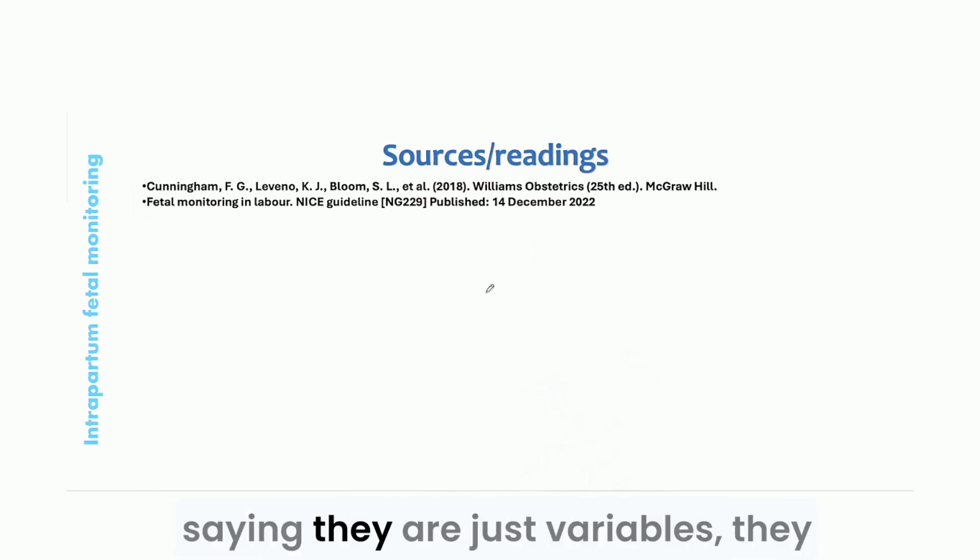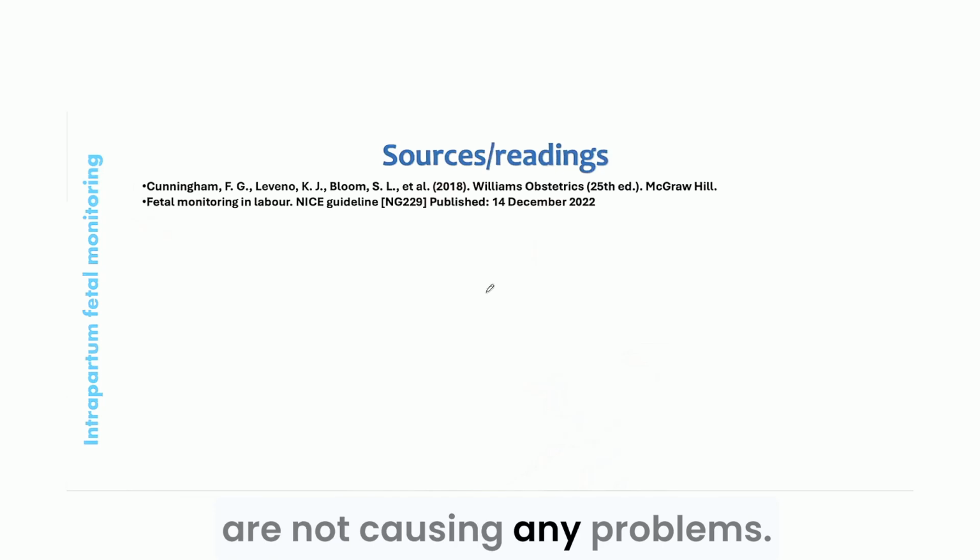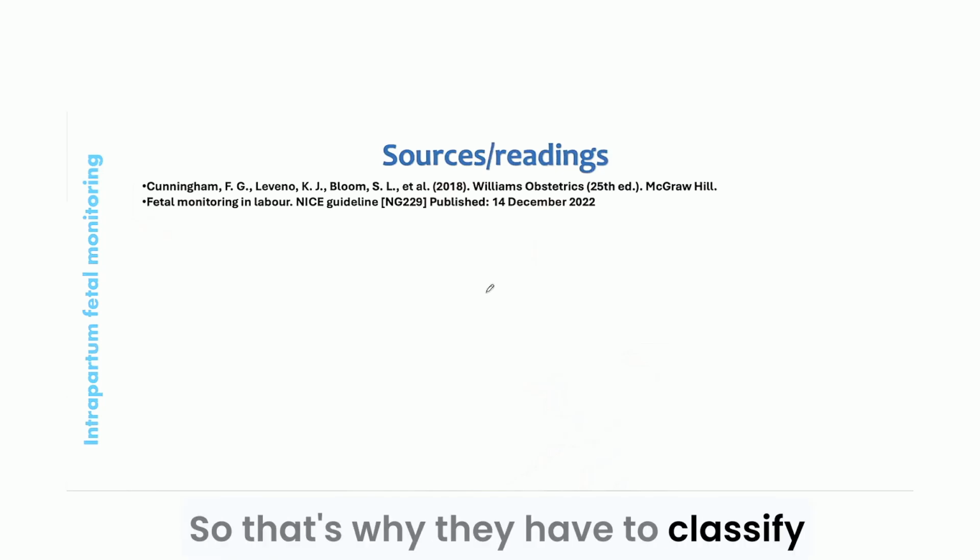As you will see in a lot of examples of CTGs, you will see a lot of CTGs that have variable decelerations that will never be right for you. You will never feel comfortable saying they are just variables, they are not causing any problems. So that's why they have to be classified into concerning and non-concerning features.